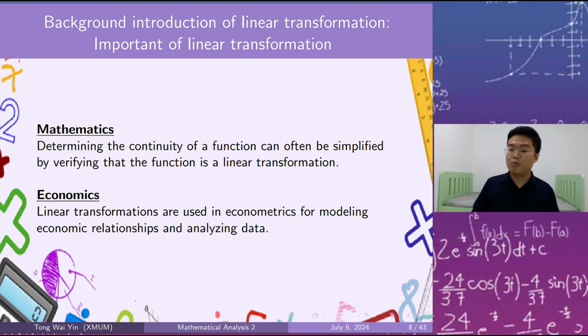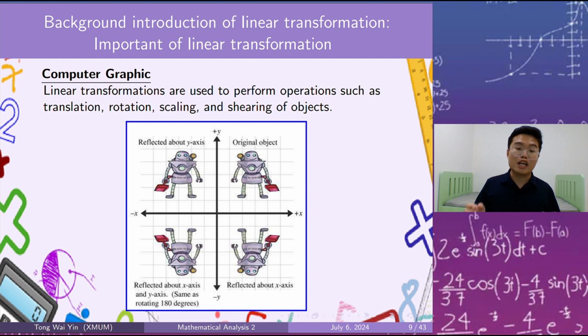Besides, in economics, linear transformations are used in econometrics for modeling economic relationships and analyzing data. On the other hand, in computer graphics, linear transformations are used to perform operations such as translation, rotation, scaling, and shearing of objects. These transformations are essential for rendering scenes and animations.